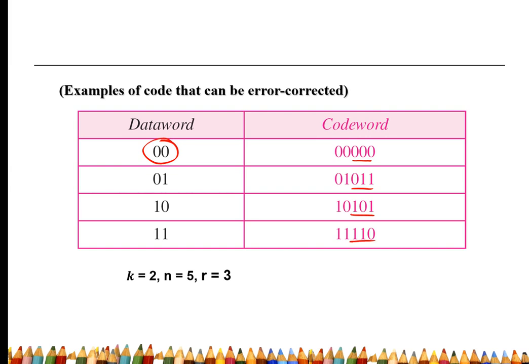So we have a 2-bit data word composed into a 5-bit code word, and the redundancy size is 3. From 00 we can generate 00000, 01011, 10101, like this. This is an example that can be error corrected after receiving the data.